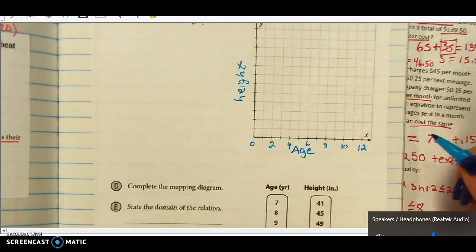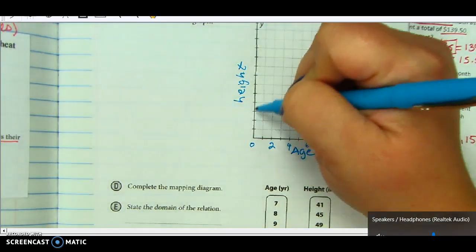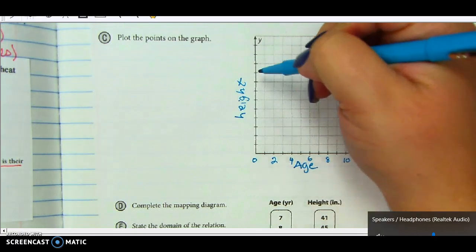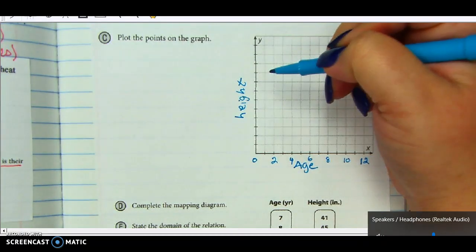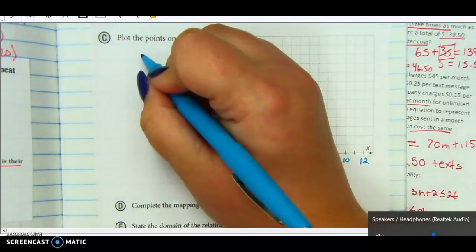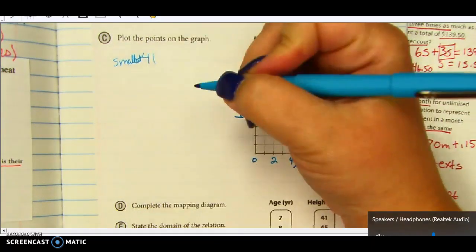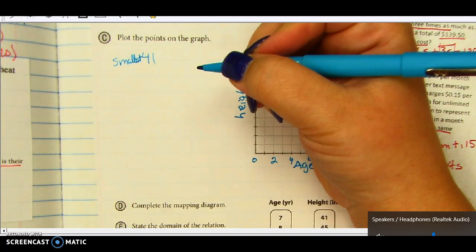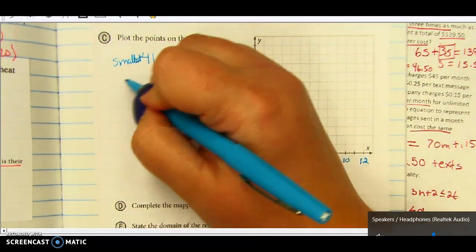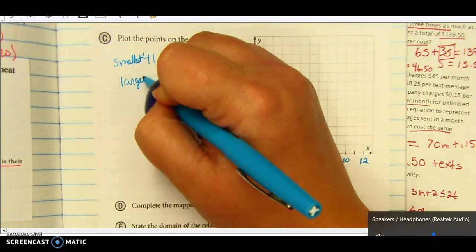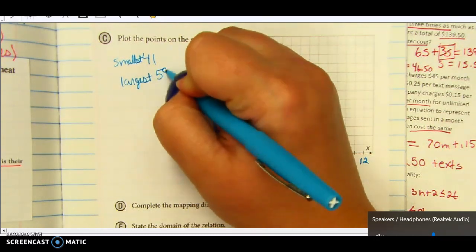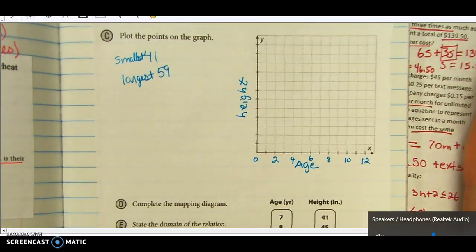And then the heights, we would want to find a scale to use that would fit everything. So our smallest is 41. That's the smallest. And our largest was 59. So we probably definitely want to at least go up to 60.